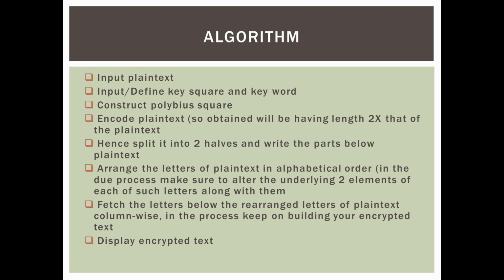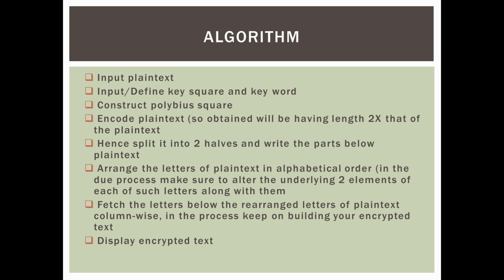Now after encrypting or encoding the plain text, you will obtain one intermediate text which will have a length twice that of the plain text. After getting the intermediate text, you will have to split it into 2 halves and write the parts below the letters of the plain text. Don't worry, we are going to see what happens when we encode the plain text in the latter part of the video.